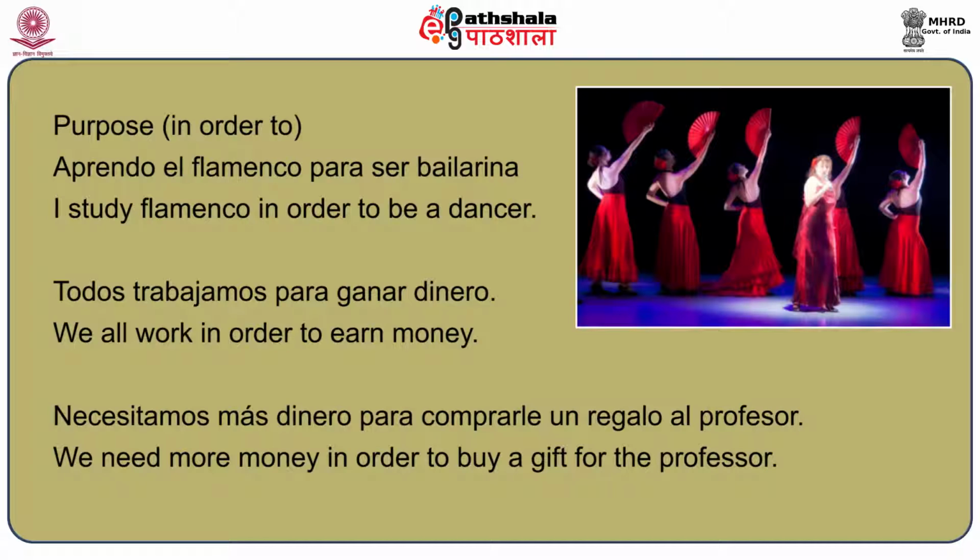Necesitamos más dinero para comprarle un regalo al profesor. I repeat, necesitamos más dinero para comprarle un regalo al profesor. In English, the equivalent sentence is, we need more money in order to buy a gift for the professor.